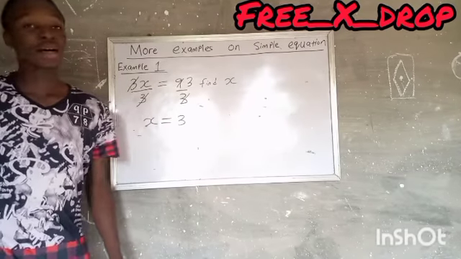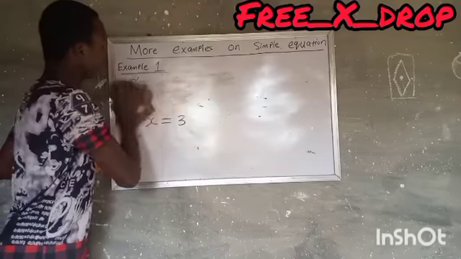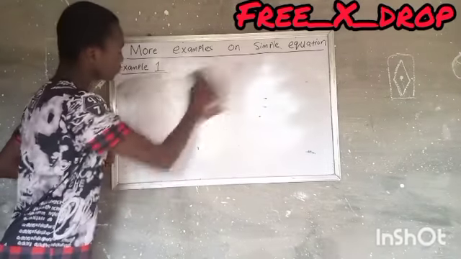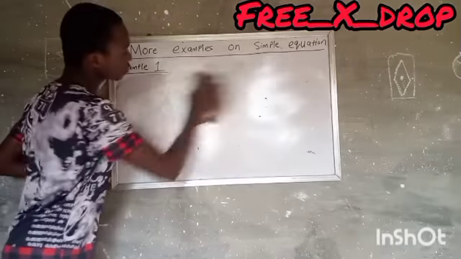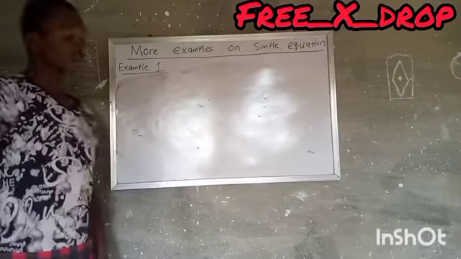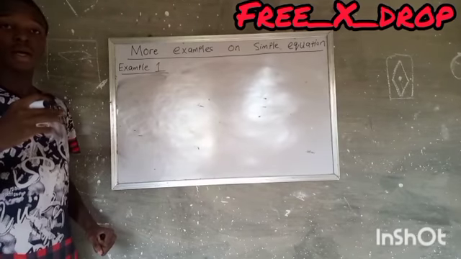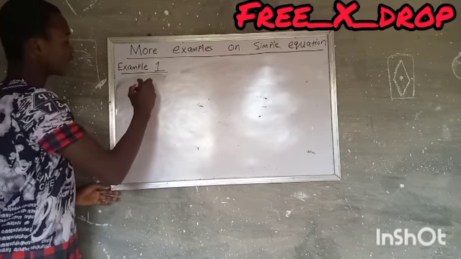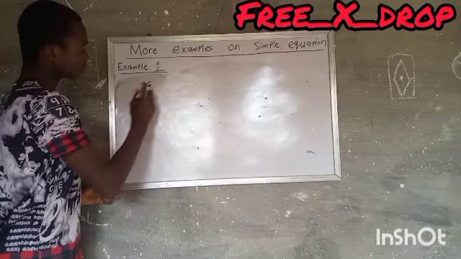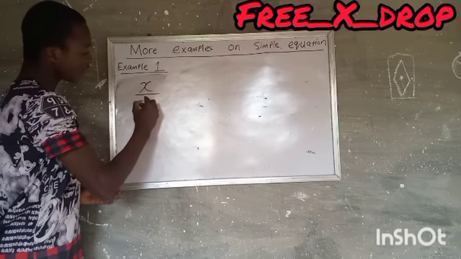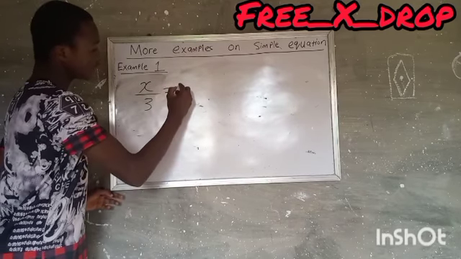Now let's take an example that involves divide. For the ones that involve divide, for example, they give you a question like x is divided by 3 and gives you 9.